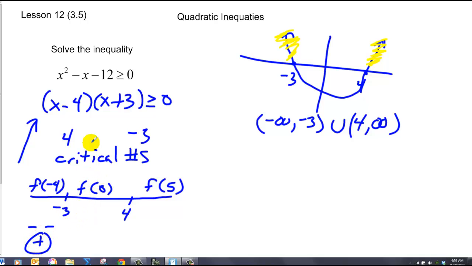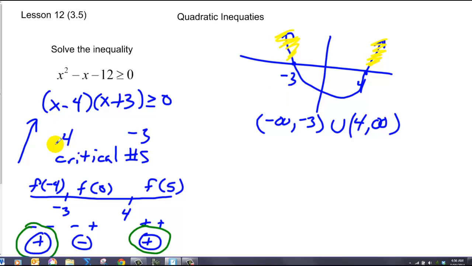When I plug in 0, I get a negative number followed by a positive number, and multiplied together that's negative. When I plug in 5, I get a positive number followed by another positive number and a positive output. So you can see that the numbers greater than or equal to 0 lie in this region and this region, which matches what we found in the graph.